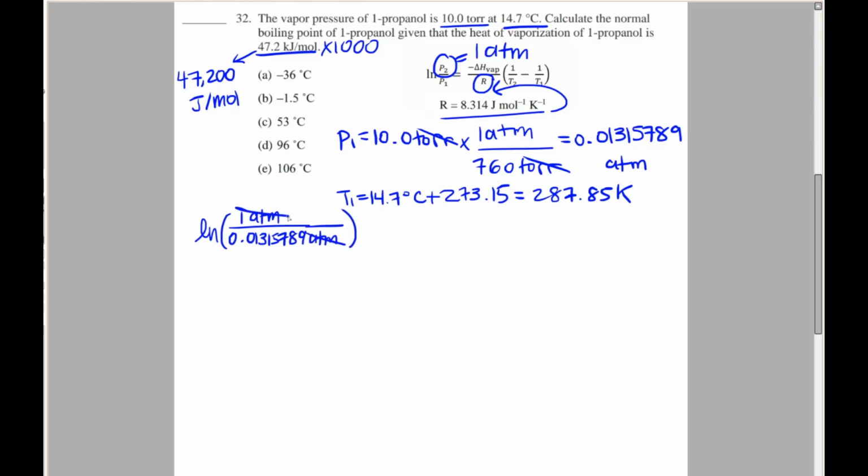The atmospheres cancel out, so we're just left with ln of a number divided by a number, and this is equal to negative 47,200 joules per mole over our R constant, which is 8.314 J over mole times K. And this is all multiplied by 1 over T2, which is our unknown, minus 1 over T1, which we previously established is 287.85 kelvins.